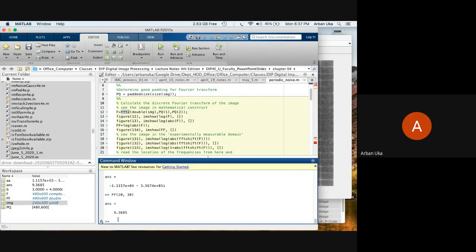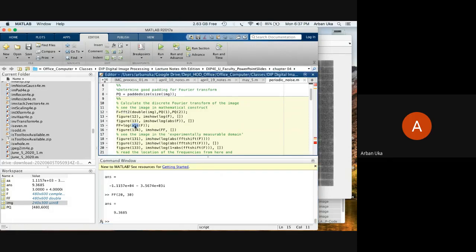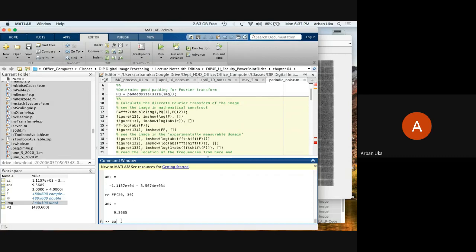Actually, it's not to scale, because initially we calculate the absolute value and then we calculate the logarithm of these values. That's why we see a 9 here, because it's the logarithm, but I don't know what base this is. So let's see what log 10 gives.